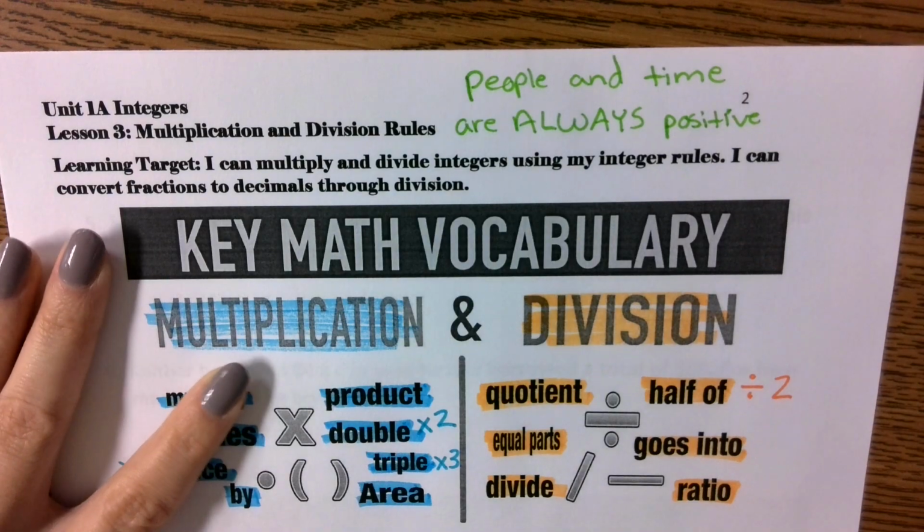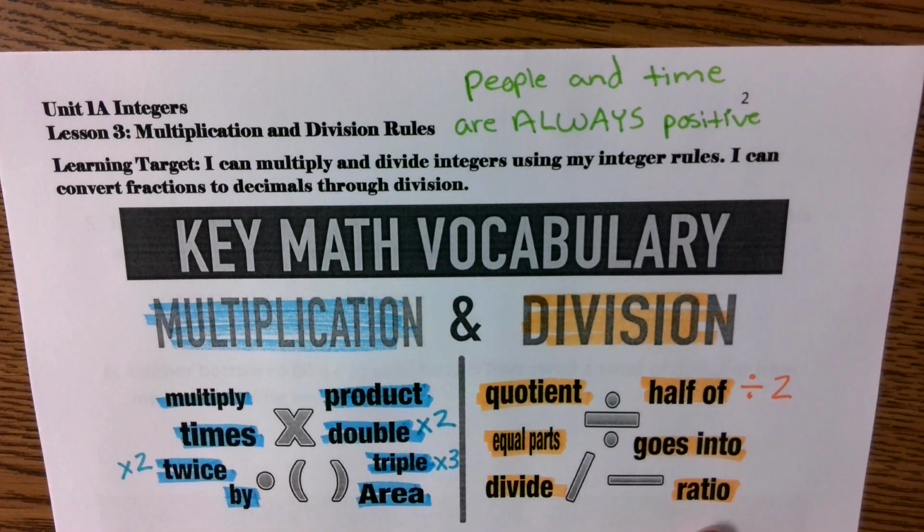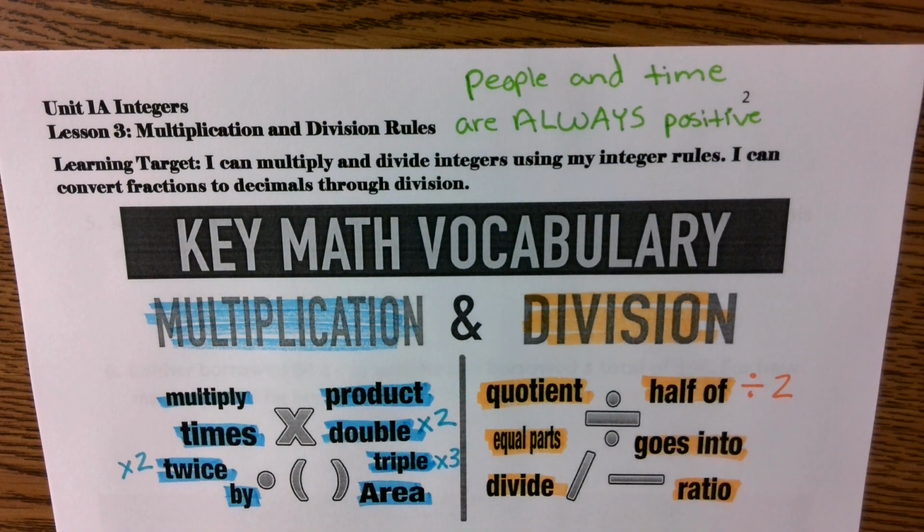Whenever you are looking at a problem and the problem has a number of people in it, or it has a number for time, like you've got this many minutes or hours or this many days or weeks or years, those are always positive numbers. Okay, people and time are always positive, so you should have that written at the top of your notes.